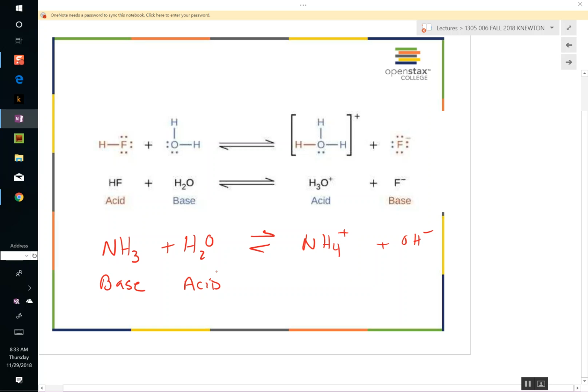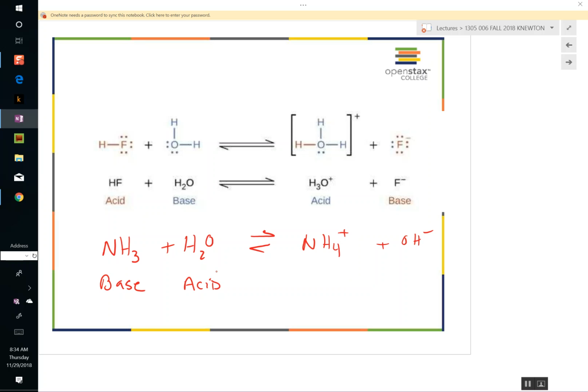Ammonia is strong enough to pull a proton over onto itself and form that ion, to be the proton acceptor. But water, they just switched it up.